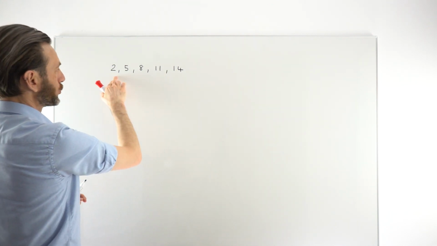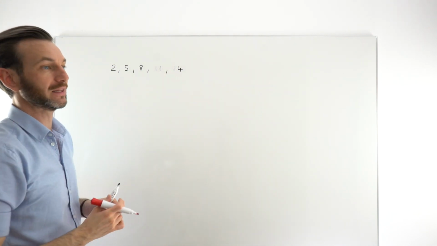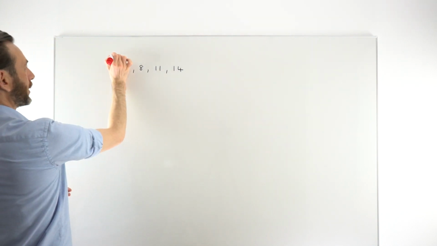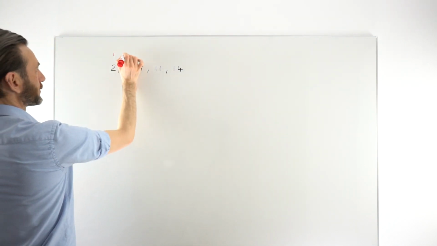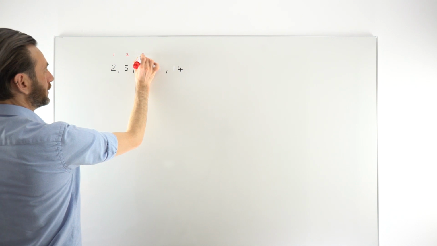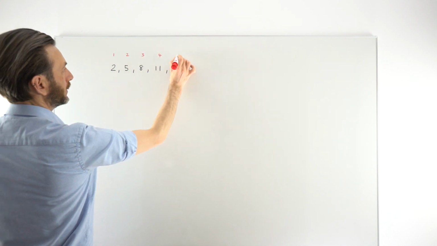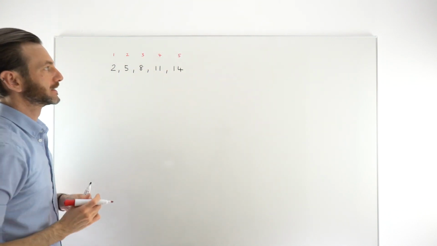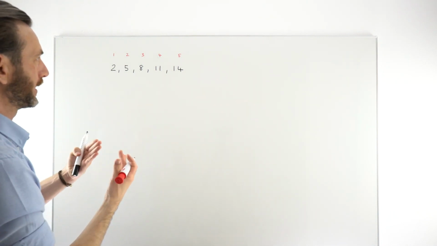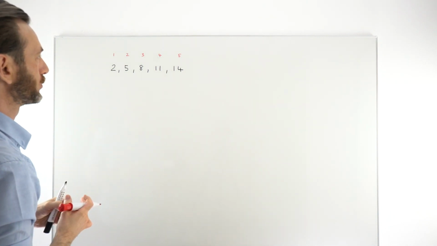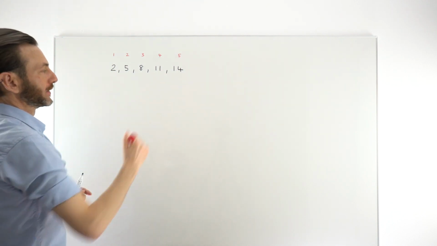So these are not just randomly the numbers in the sequence, but they're also in the correct position. So we can say this is the first number, second, the third, the fourth, the fifth number, and that can start to get us kind of orientated in terms of where we are in the sequence.